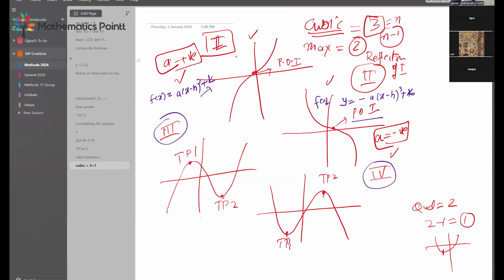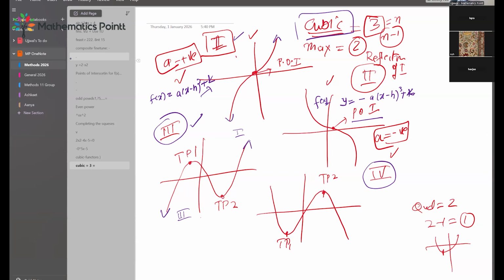Cubics in general always have their arms of the graph in opposite directions, first and third quadrant, if your cubic is not reflected. So graph number 1 and graph number 3, you see first and third quadrant.